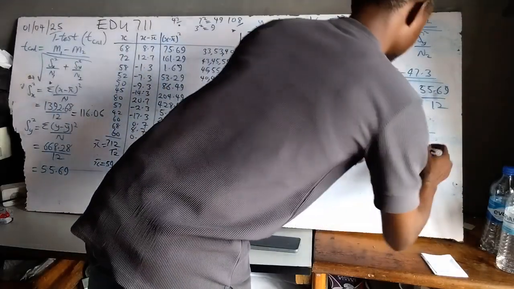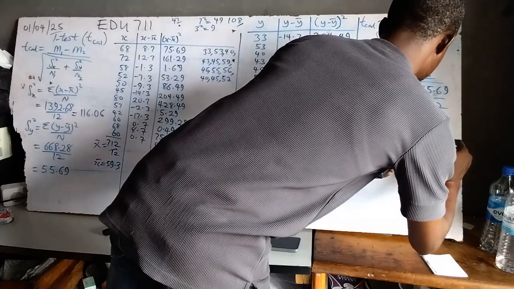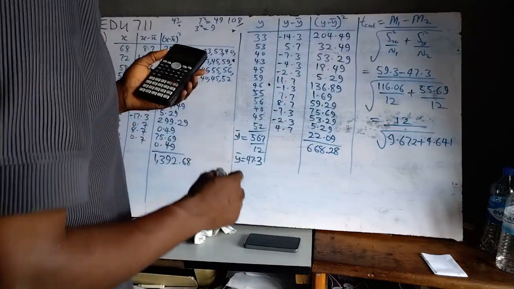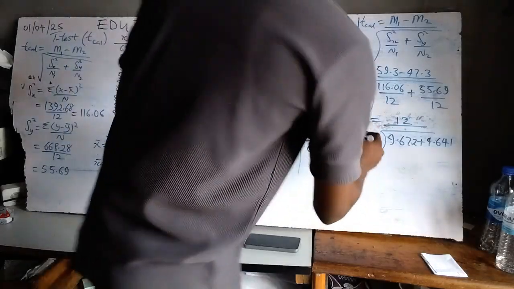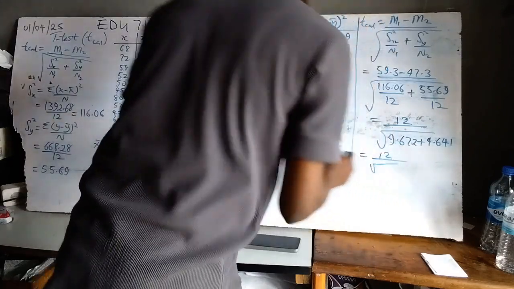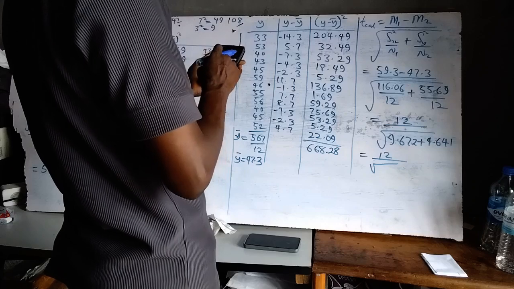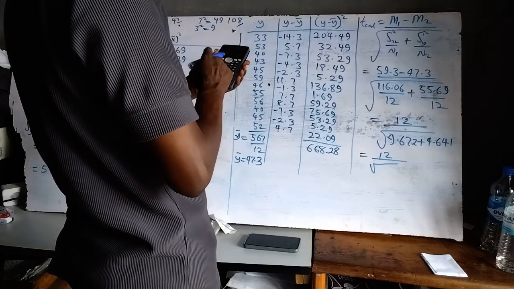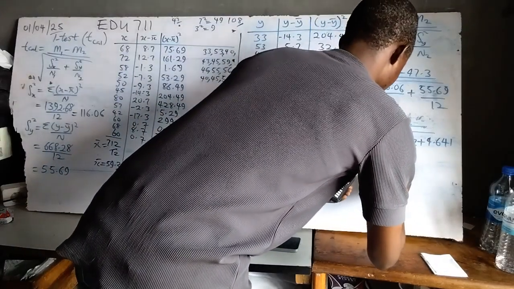That gives us 4.641 approximately. Now this is equal to 12 divided by the square root of 9.672 plus 4.641, which is equal to 14.313.